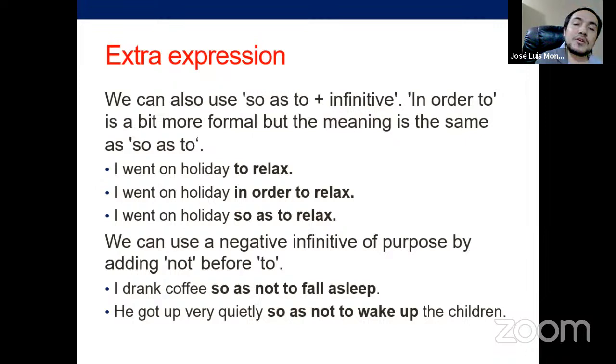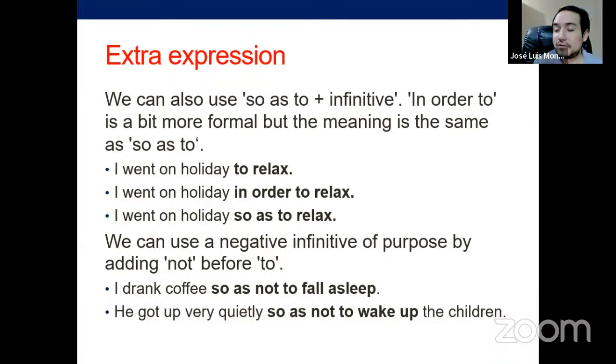We're just showing the three of them because the most formal would be in order to. So as to is an alternative. It would be, I went on holiday to relax. I went on holiday so as to relax. And the last one, the most formal, I went on holiday in order to relax. That's what I explained also there. But remember, in order to and so as to are the same. They give the same idea.